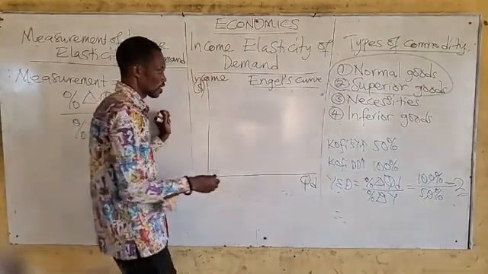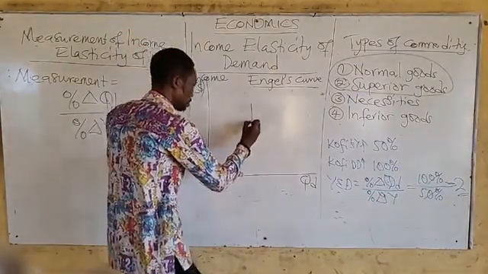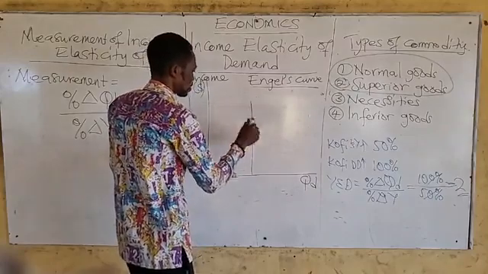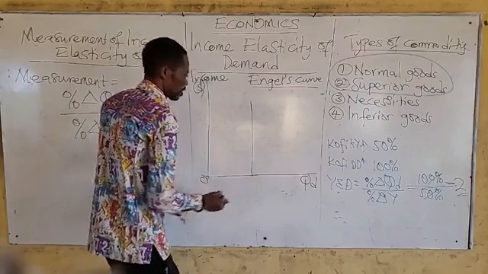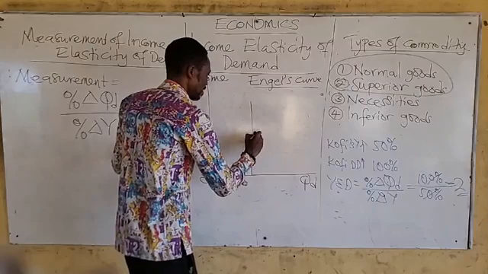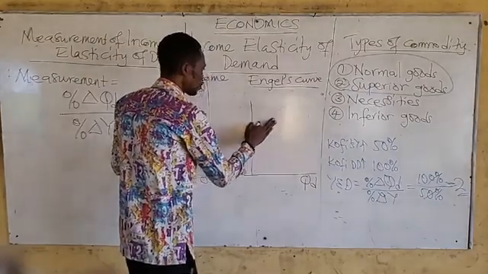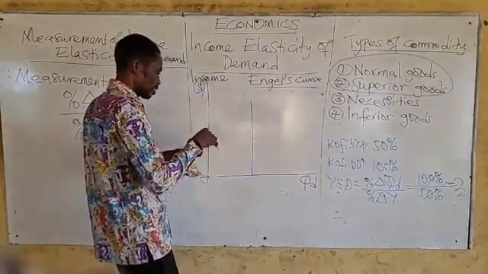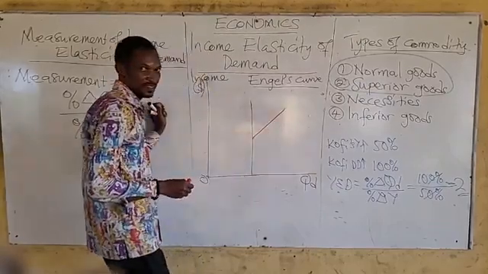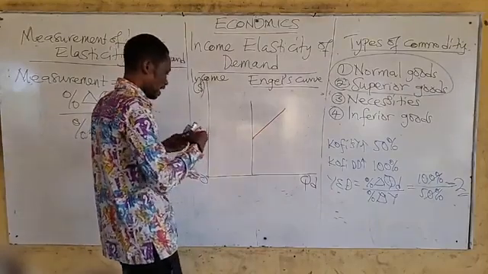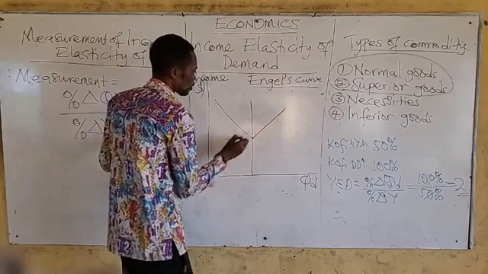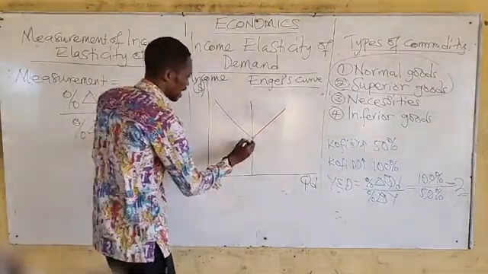Alright. So I have this one here, and then I have a branch for it. Let me use another color so that it will be easier to explain. Red. Then I have another color here, blue. Then I have an income here.